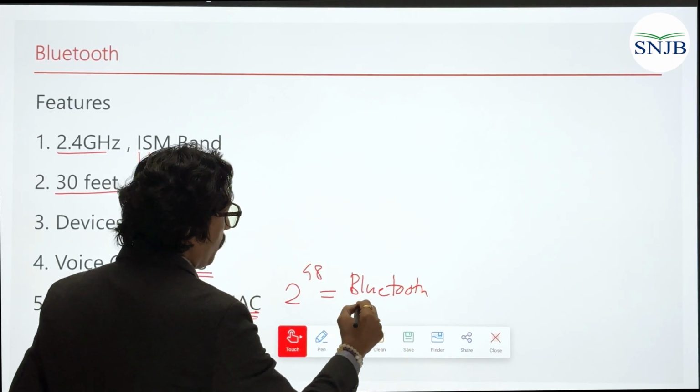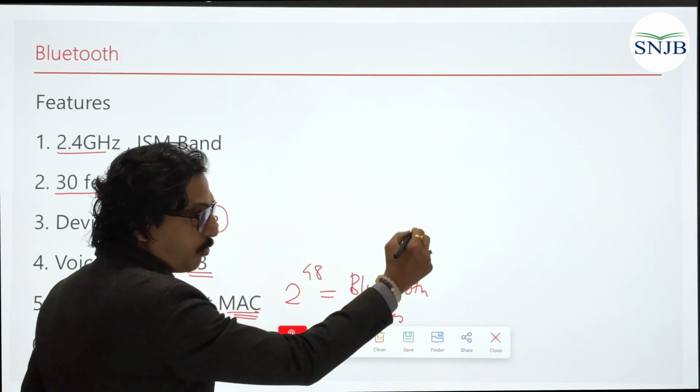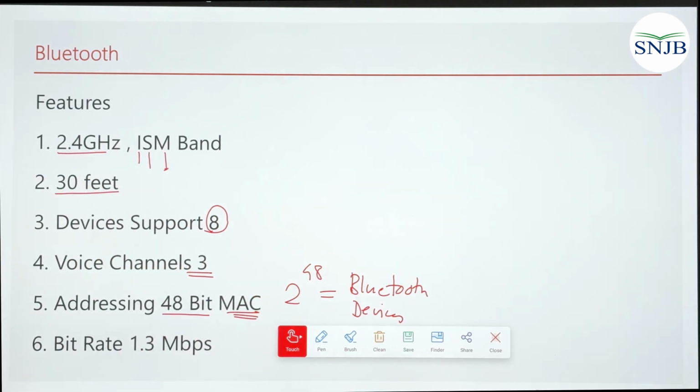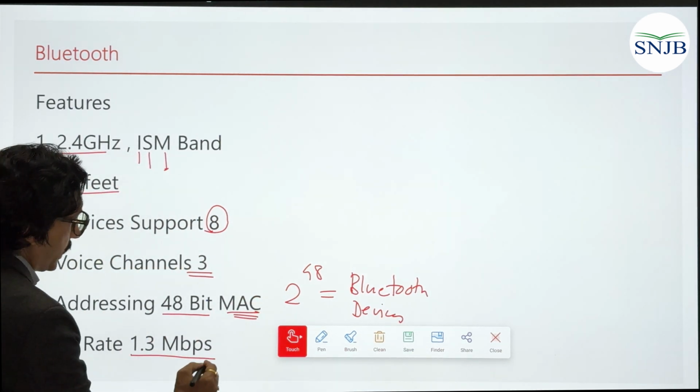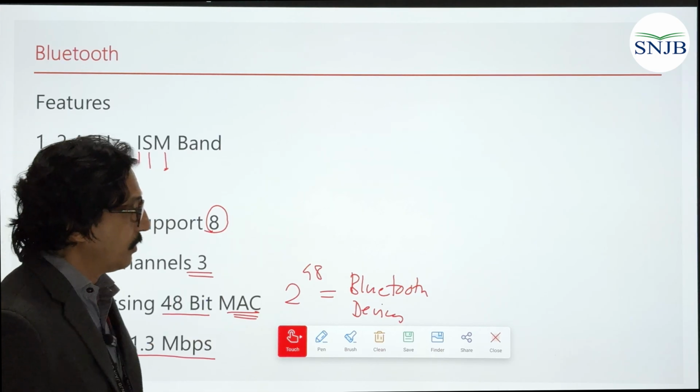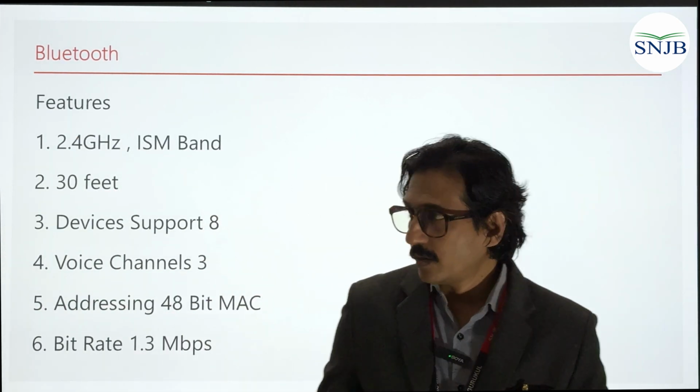Its data rate is 1.3 megabits per second. So these are the features of Bluetooth.